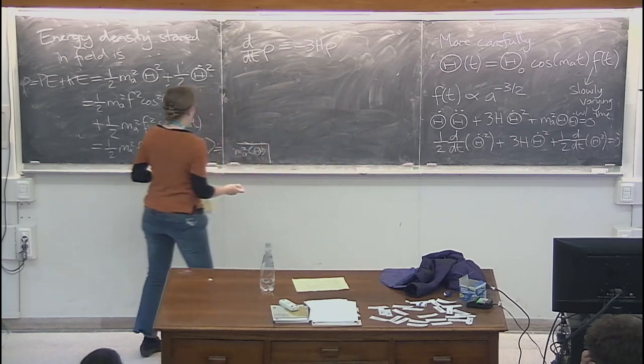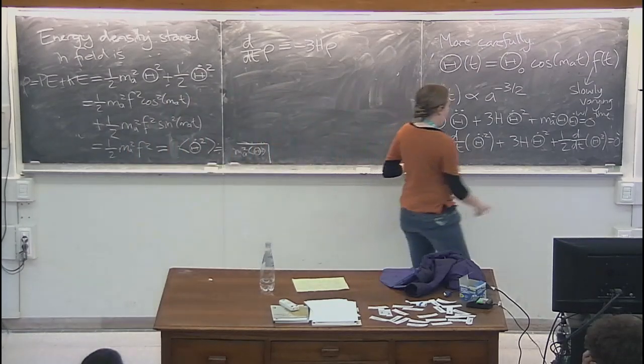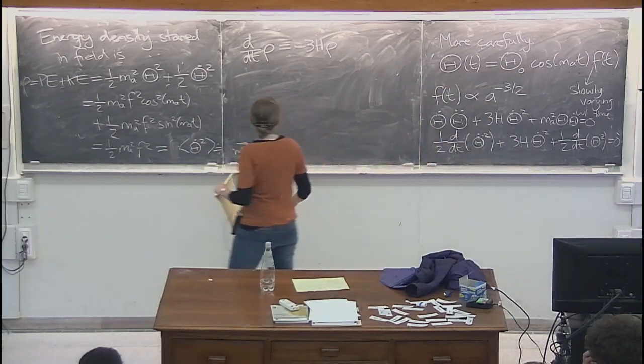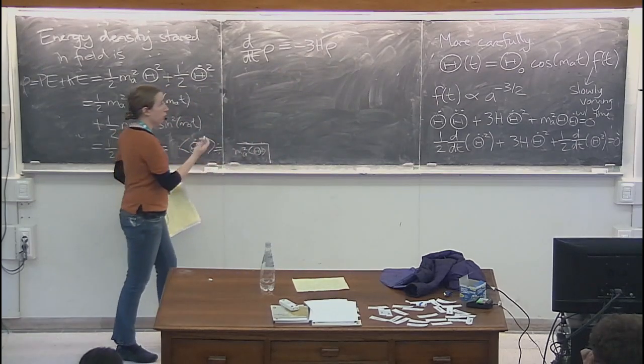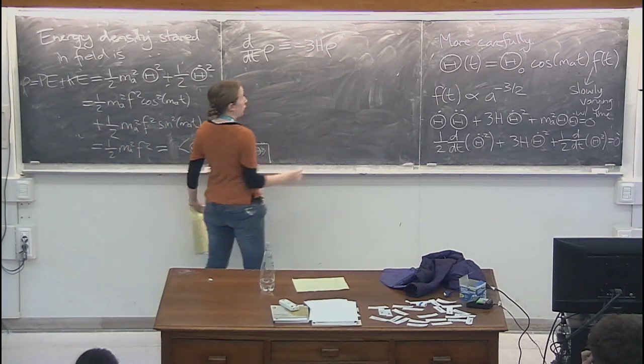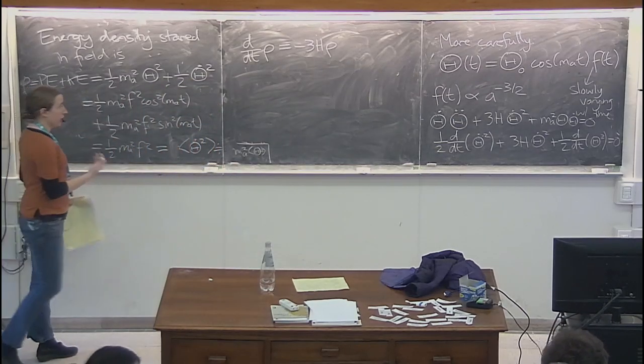So this is the same equation that we saw previously in the evolution for a dark matter species that didn't have any number changing interactions. This just corresponds to the energy density of the field being proportional to a to the minus 3.